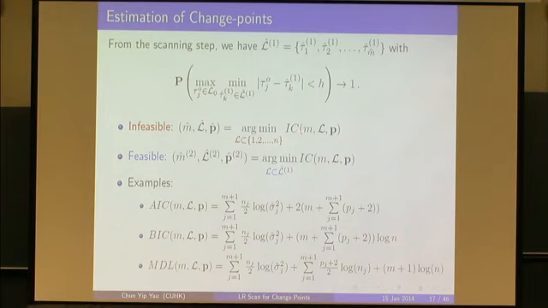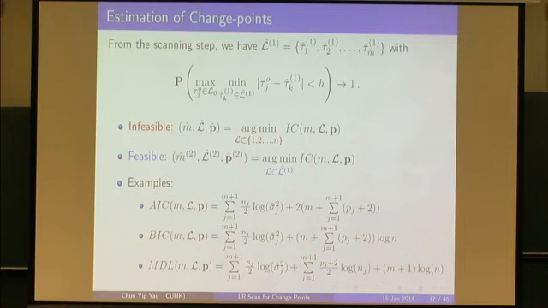The information criterion relates to the number of change points. L is the location of the change points, and P is the order of the AR process, a vector of AR orders for each piece. It considers the minimization over all the n observations, so it is computationally infeasible.